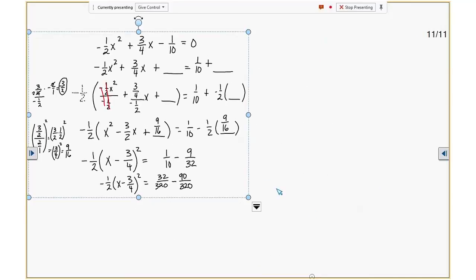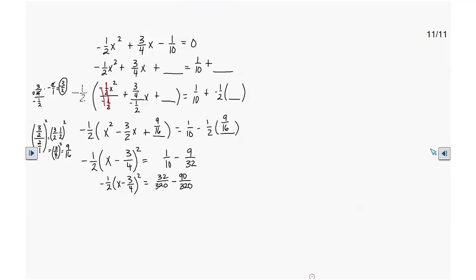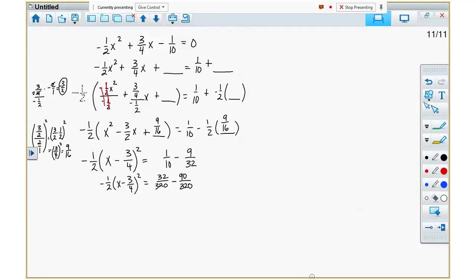There we go. Negative 1/2 times x minus 3/4 quantity squared is equal to, I have no idea, 58 over 320. Somebody check me.